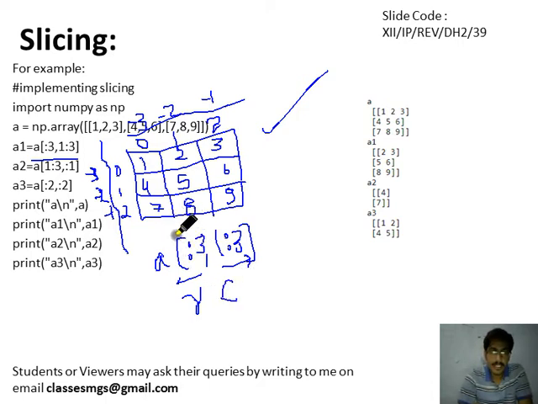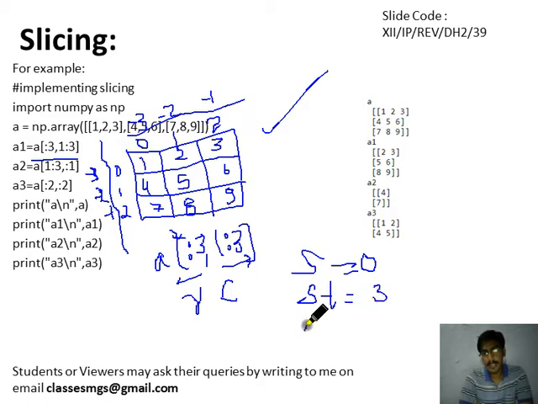The start value is not specified, but the stop value is specified, and the step is not specified. By default start is 0 if not specified, stop is specified as 3, and step by default is 1. So starting from 0, rows 0, 1 and 2 will be selected.